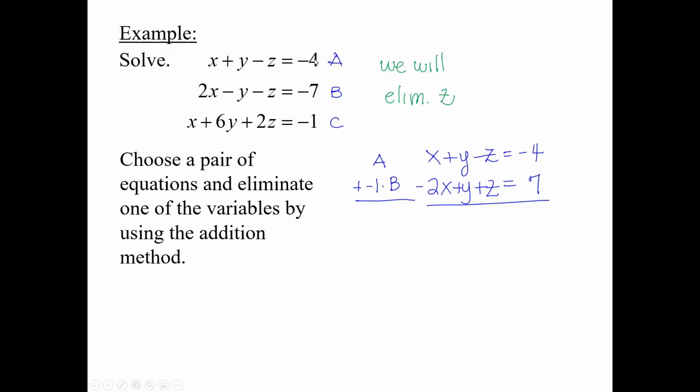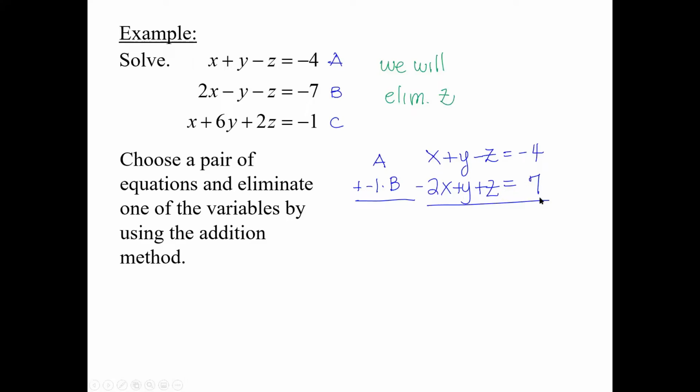Okay, in this case, they're going to take equation A or equation 1. They just wrote it down. Then they're going to take equation 2. They chose B here. And they've just written it down. Now, what they did was they multiplied everything by -1 before they wrote it down.